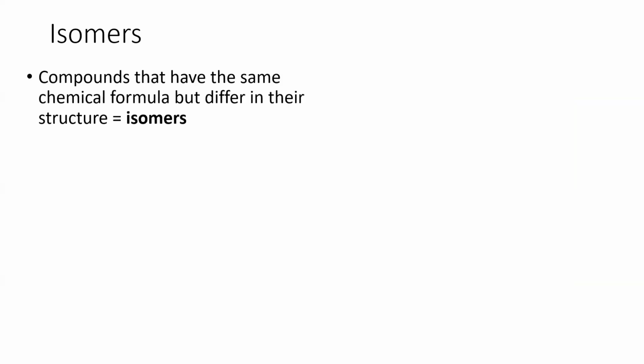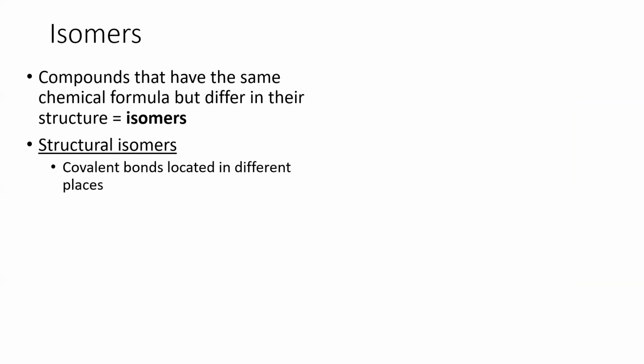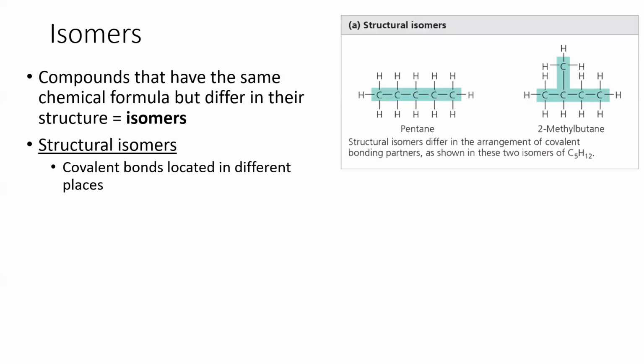We have a huge diversity of carbon-based molecules, and some of those molecules are very similar, as in they will have the same chemical formula but structural differences, and that's what we call an isomer. We have two different types of isomers. There's structural isomers, which is where we have covalent bonds located in different places. In this example, we have pentane and then 2-methylbutane.